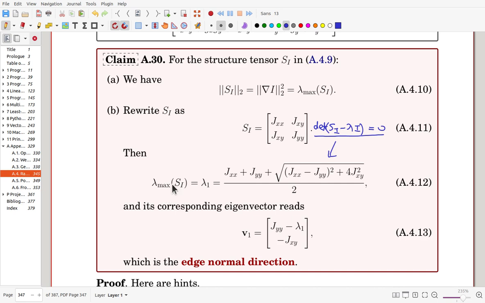But now magnitude must be the square root of large eigenvalue. After getting this one, take a square root to produce the gradient magnitude, and that will give the edge normal direction. So after getting this quantity, you can thin the edges, and finally you can decide the useful edges in edge detection.